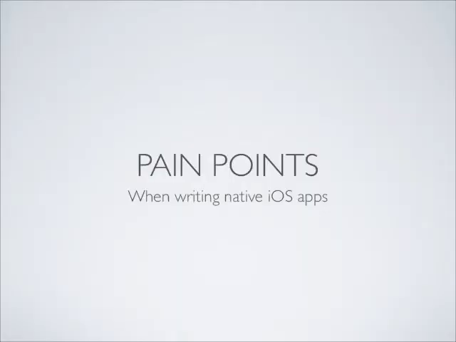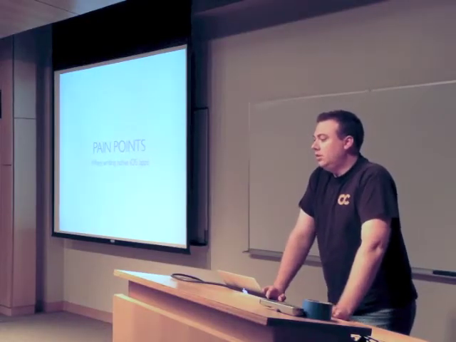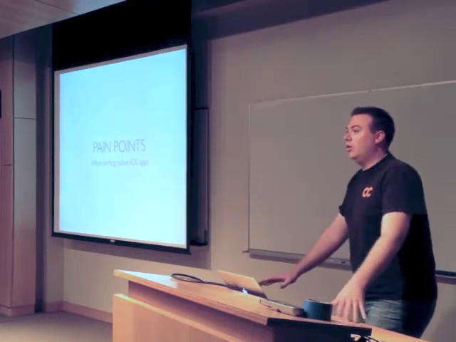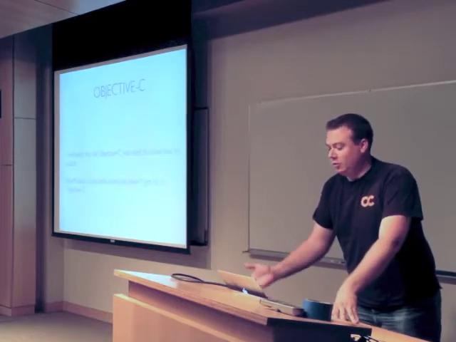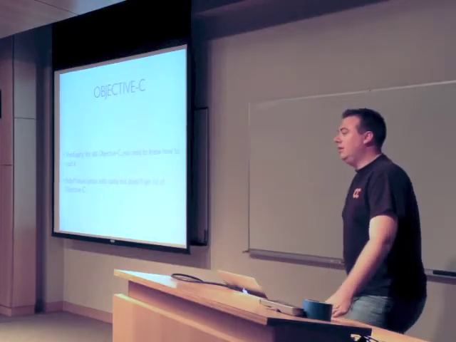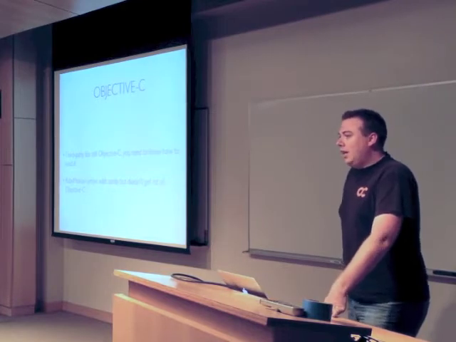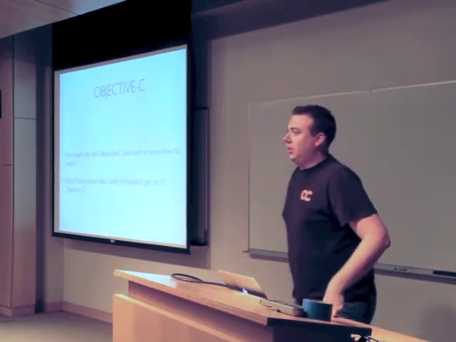So the reason that you might want to look at an alternative to Objective-C and the current way of writing iOS apps, actually the first one that I put up here is Objective-C. A lot of people just don't dig the language. The syntax can be kind of a pain. In the end, though, you're really not going to get away from Objective-C here.